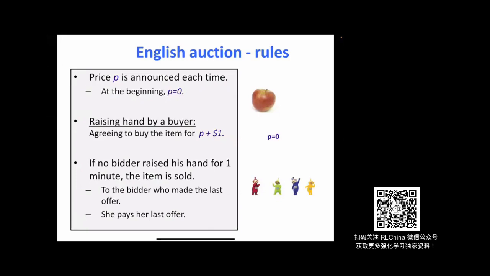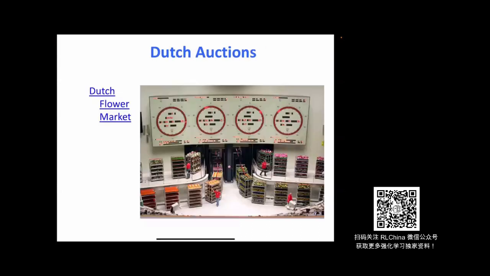Think of this as a model where the price increases at each time step, and you raise your hand to buy the item at that price plus $1. As you can see, people keep raising their hands until the last offer, and then it is sold to that person.